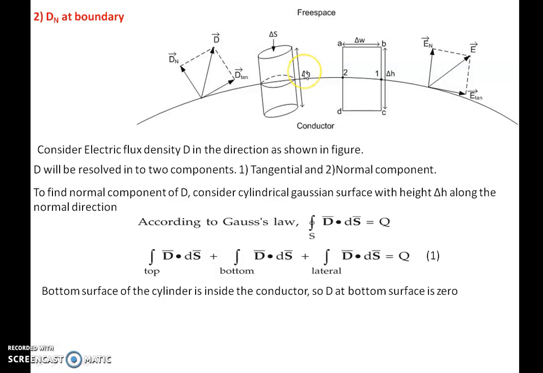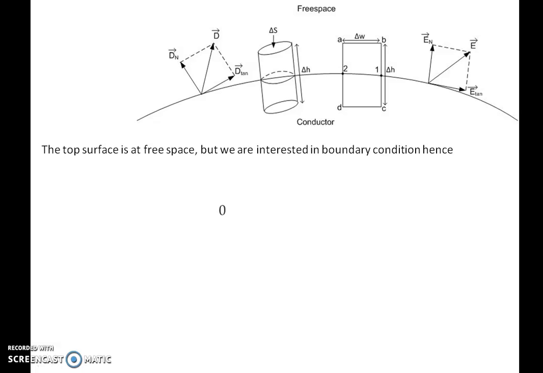So I am taking delta H tends to 0, and so this delta S tends to 0. We know that the surface area of the lateral surface of a cylinder can be given by 2 pi r times the height. So, what is the height?